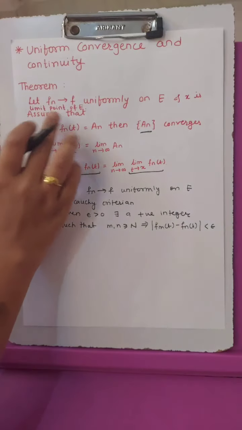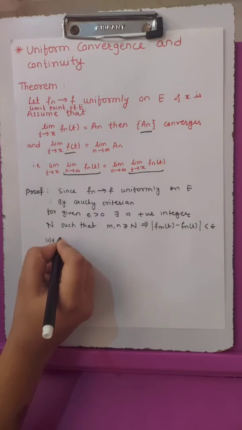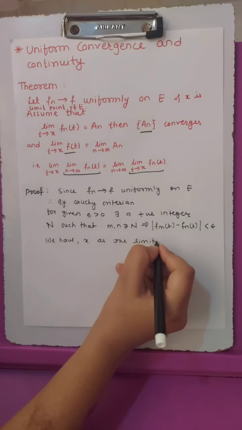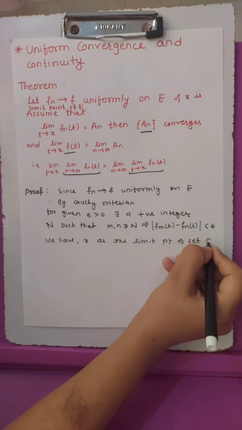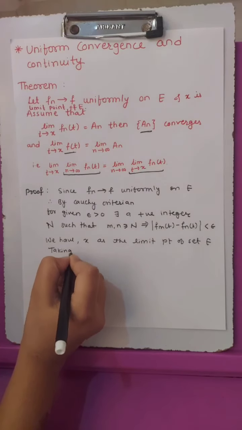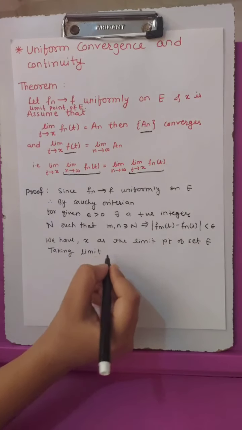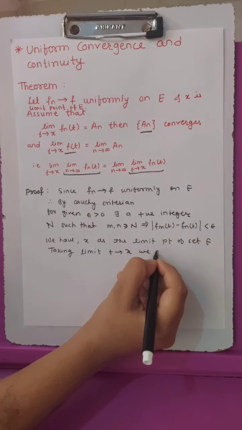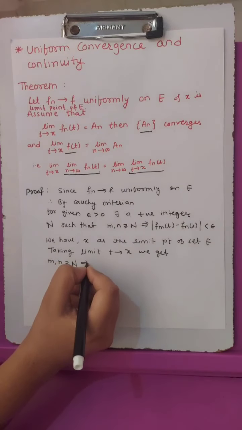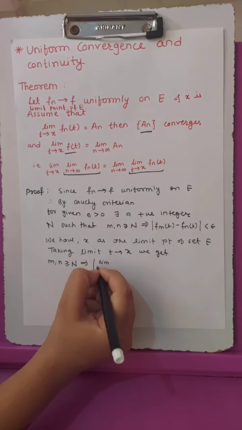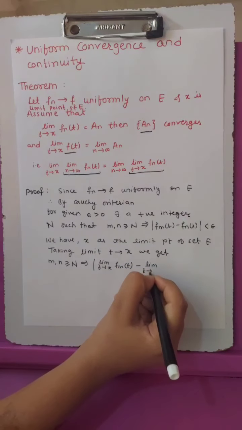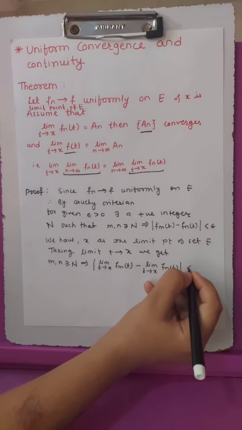Now as we have X as a limit point of the set E, taking limit t tends to X, we get for m, n greater than N implies, limit t tends to X of Fm of t minus limit t tends to X of Fn of t is less than epsilon.